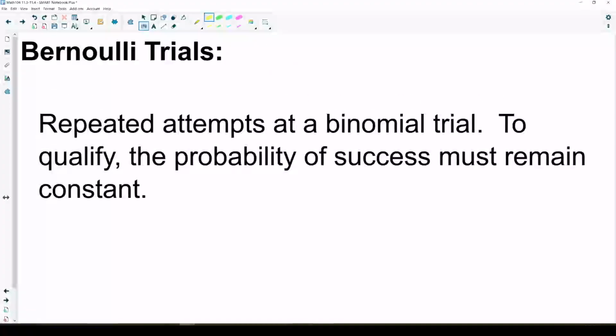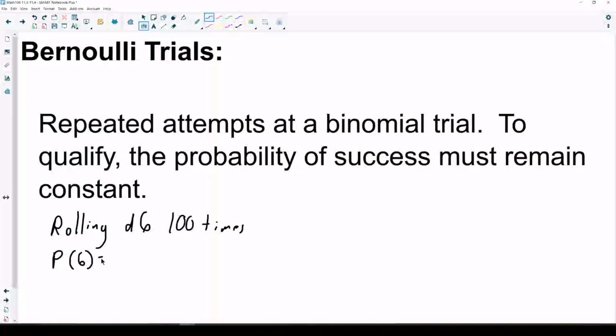So a Bernoulli trial is essentially a bunch of binomial probabilities done in a row where the value and the chances don't change. So for instance, the thing I mentioned a moment ago, right? If I'm rolling a d6 let's say 100 times, I'm going to define getting a 6 as my success and probability of getting anything else, some other value, as a failure.